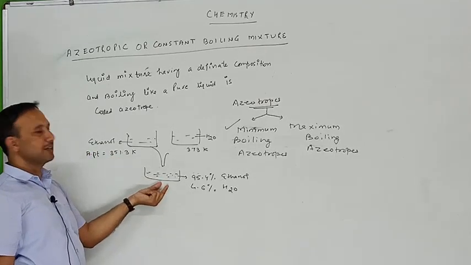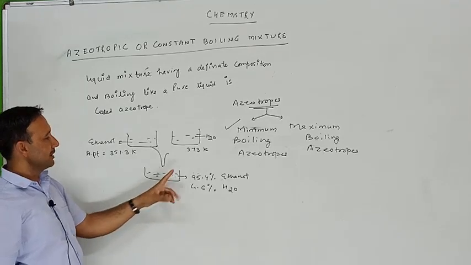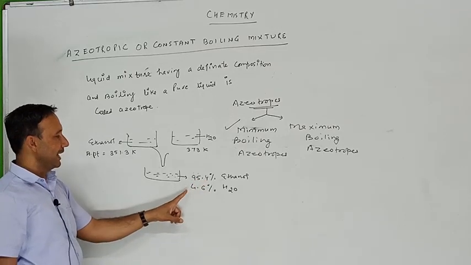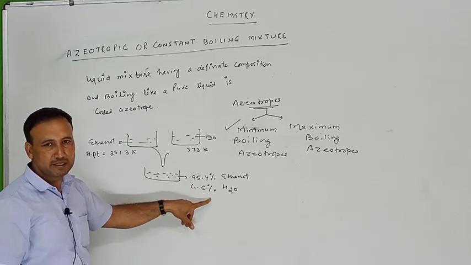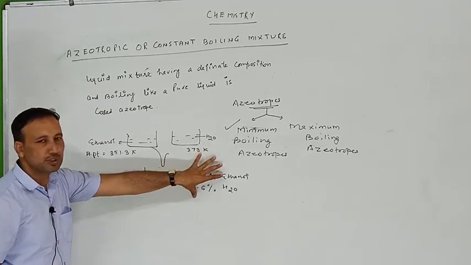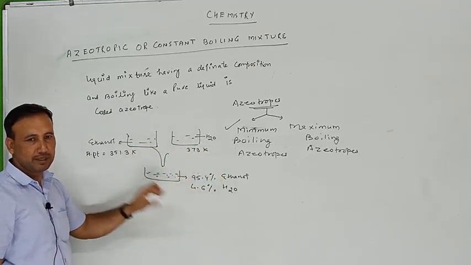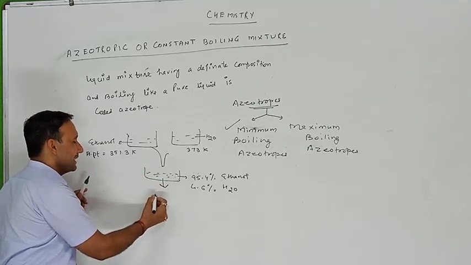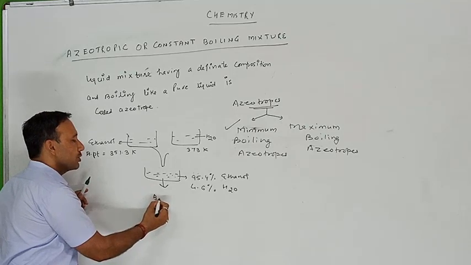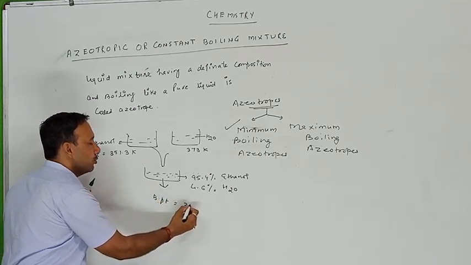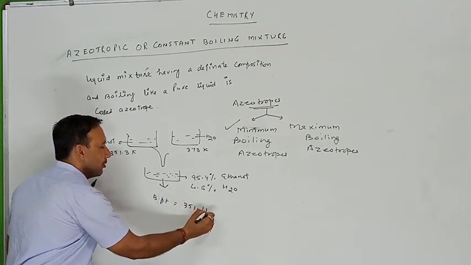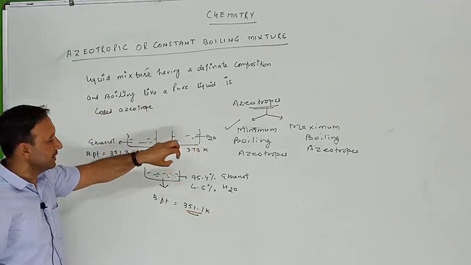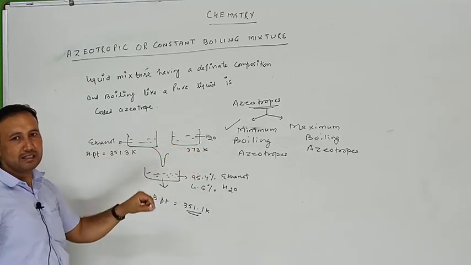And if the liquid mixture has 95.4% ethanol and 4.6% water, then this composition will form an azeotropic mixture, because now this liquid mixture will boil at a constant temperature, whose boiling point is equal to 351.1 Kelvin.